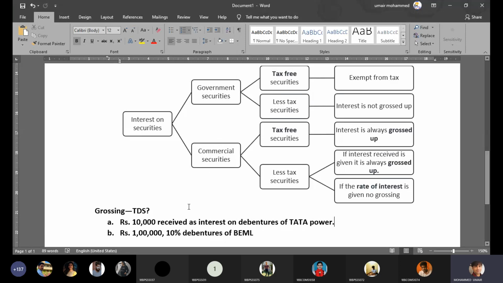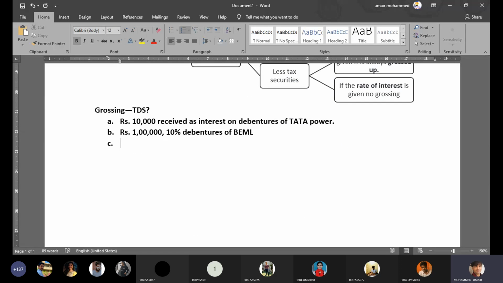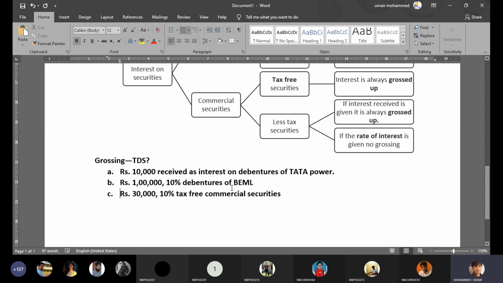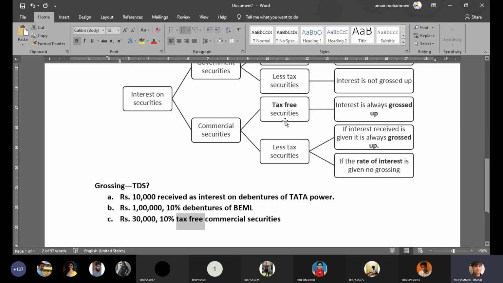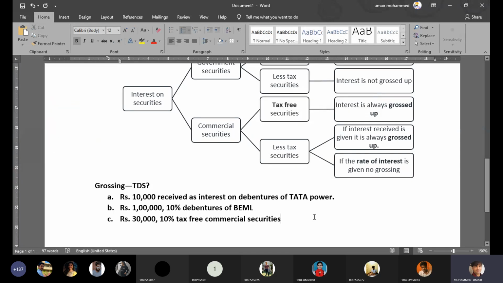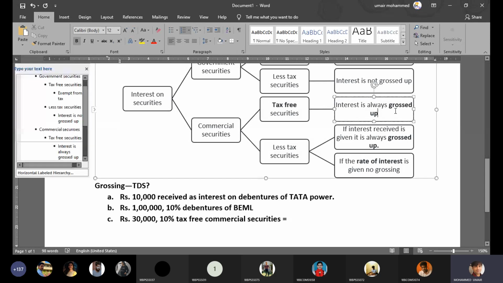For example, let's say there's another transaction which goes like this, just for your understanding. Rupees 30,000, 10% tax-free commercial security. So here you don't have confusion because you know it will fall under this. Okay. So what we have to do is very simple. In this case, should we do grossing or not?